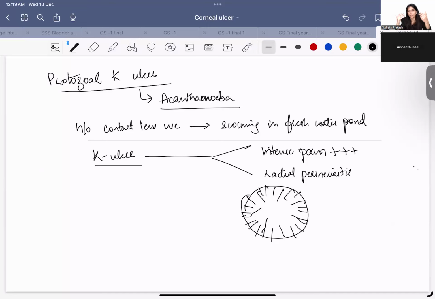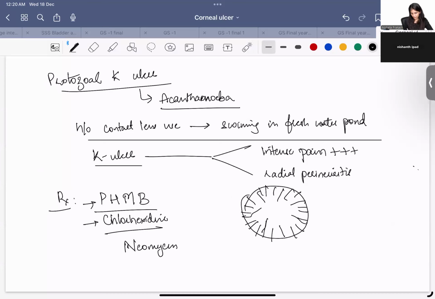Along with this, they can also give neomycin, which is your antibiotic, and your antifungals like itraconazole, ketoconazole, and so on. Okay. So this completes, in general, the infective causes for your corneal ulcers.